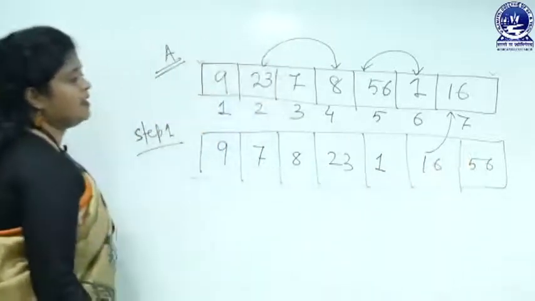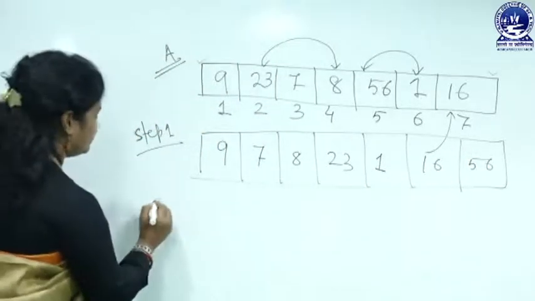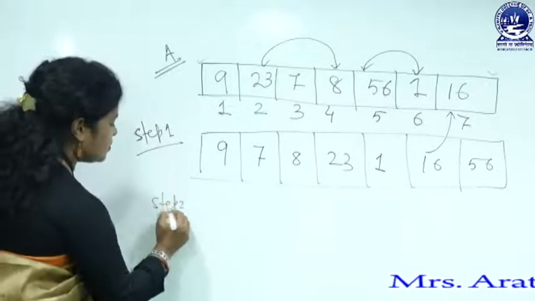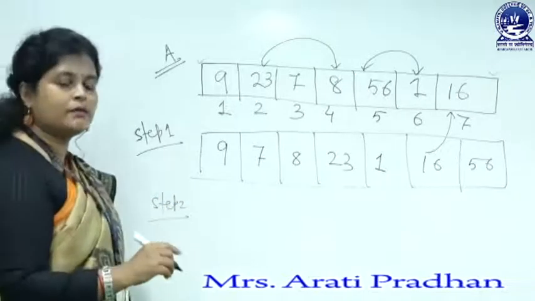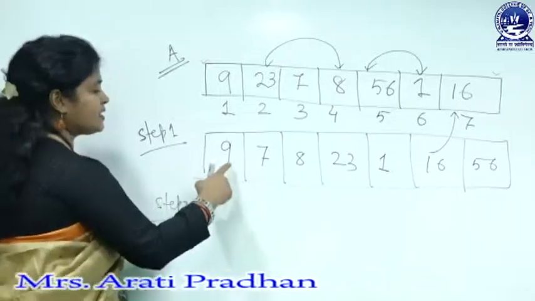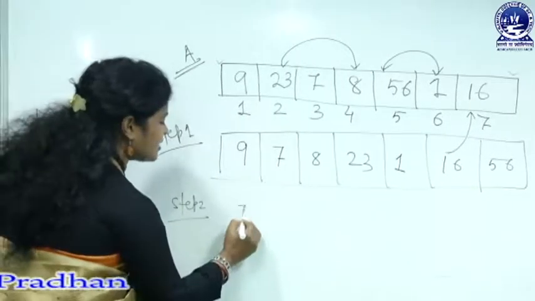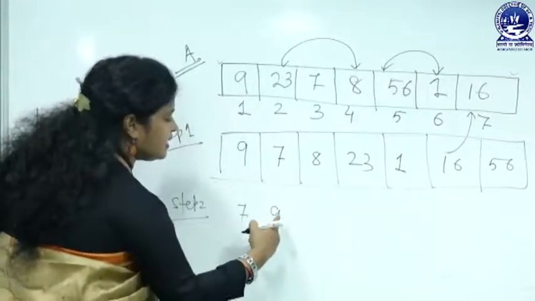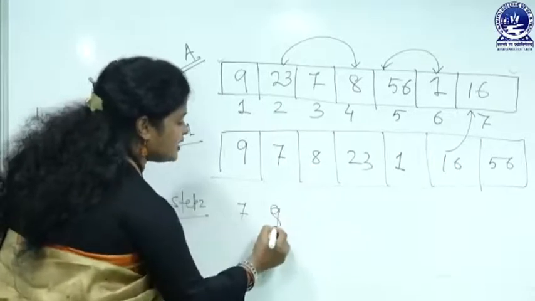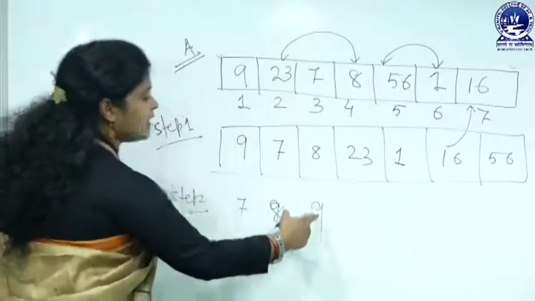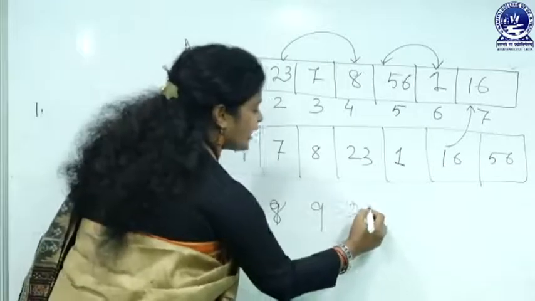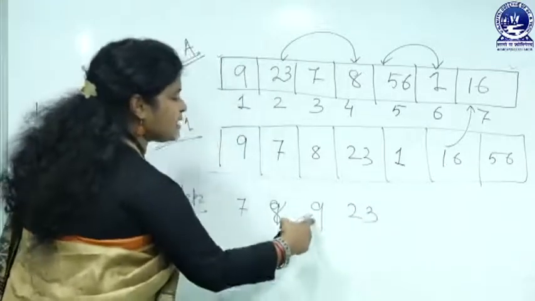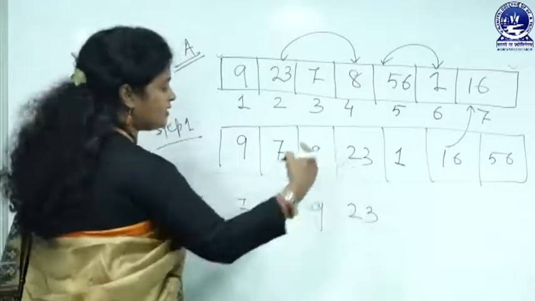Then step 2. Again we will perform the same comparison operation. 9 with 7, so 7 will come here, then 9. 9 with 8, then 8 will come here, then 9. 9 with 23, 9 will be placed as usual because it is smaller than 23.